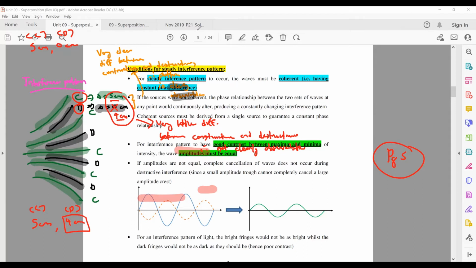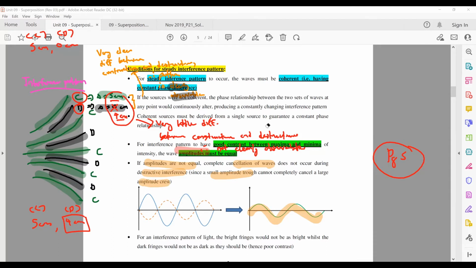Okay, so here it was mentioned that for amplitudes that are not equal, complete cancellation of waves doesn't occur during destructive interference. Since a small amplitude trough cannot completely cancel a large amplitude crest, you will get some sort of wave, but it's not as large as the individual waves before it.